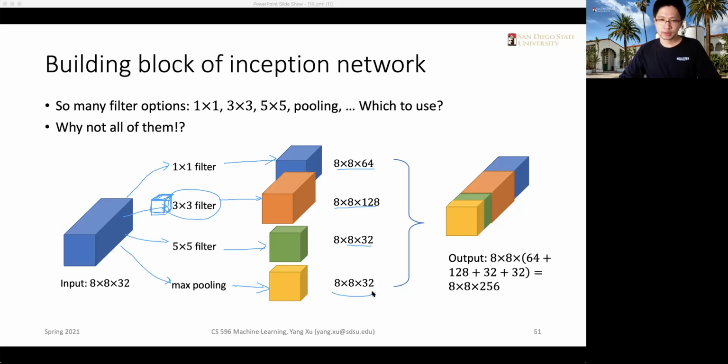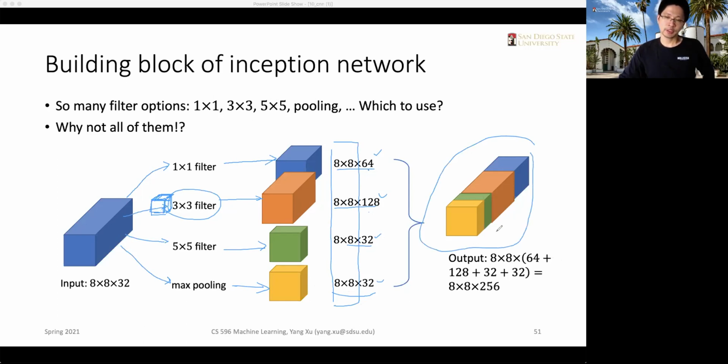Okay, so given these intermediate representations that are all in the same shape, 8 by 8, but with a different number of channels, we can simply concatenate them along this third dimension, which results in a much longer representation as a whole.